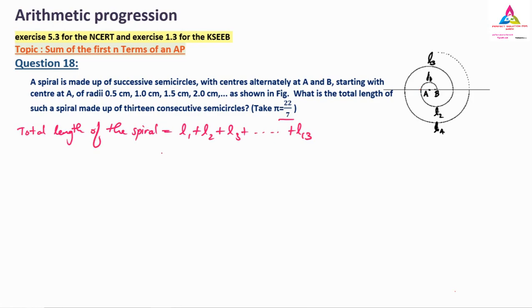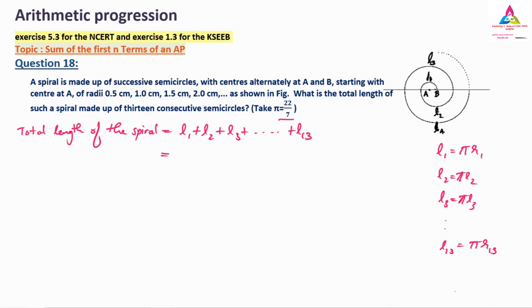Next, I have already told what the L1 value is. L1 is nothing but pi into R1, because it is half of a semicircle: half into 2 pi r, the 2 gets cancelled, and pi r1 is left. L2 is nothing but pi into R2, L3 is equal to pi into R3, and so on. L13 is nothing but pi into R13.